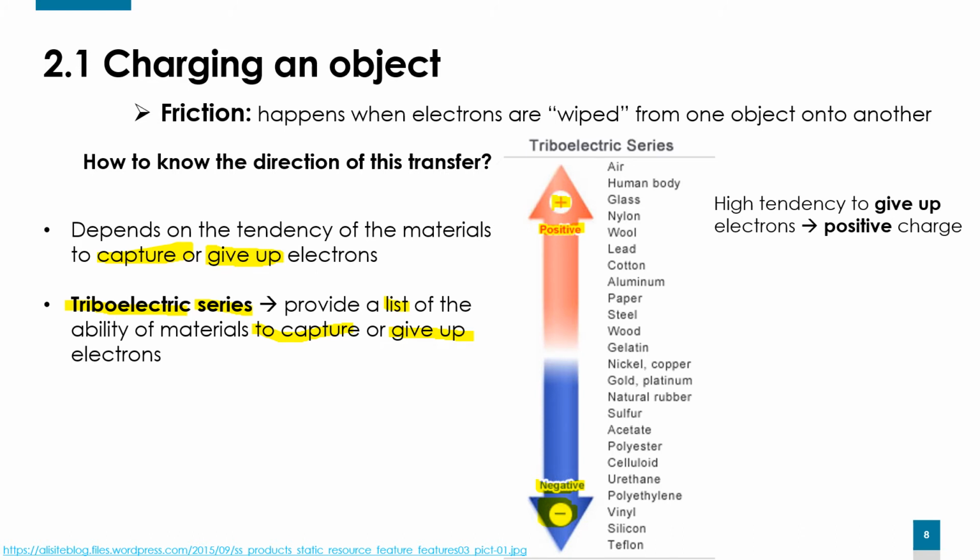So the positive charge means a high tendency to give up electrons. More positive will lose electrons easily. And more negative means it has high affinity for capturing electrons. It's going to receive more electrons and attract more electrons.